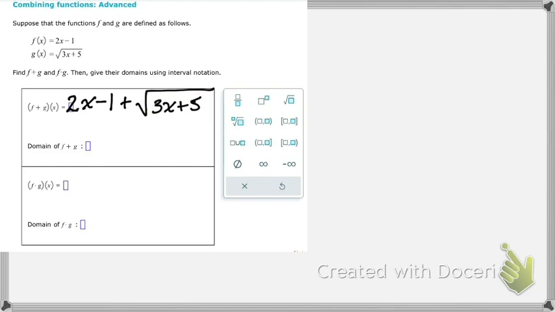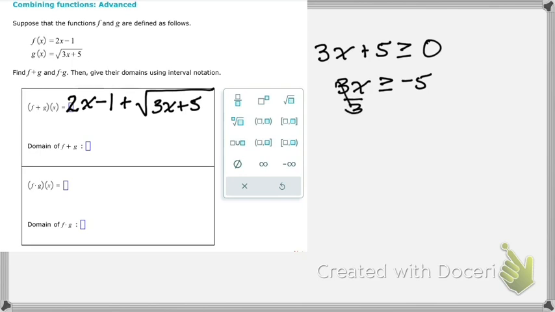So what I'm thinking about is, when is 3x plus 5 greater than or equal to 0? So then it won't be negative, but it could be 0, so I can have it equal to 0. And then just solving for x in this inequality, that's it. X is greater than or equal to -5/3.